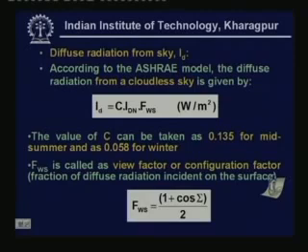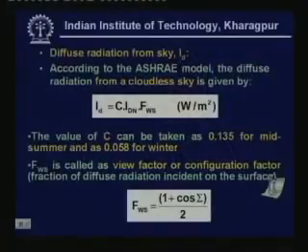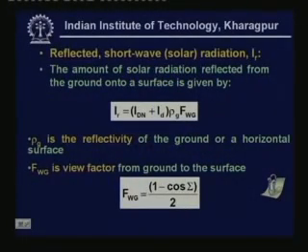Whereas for a vertical surface sigma is equal to 90 degrees, so cos sigma becomes 0 and the view factor becomes 0.5. That means the vertical wall receives only 50% of the diffuse radiation from the sky, whereas the horizontal surface receives all the diffuse radiation from the sky. And the values of C are again available in tabular form.